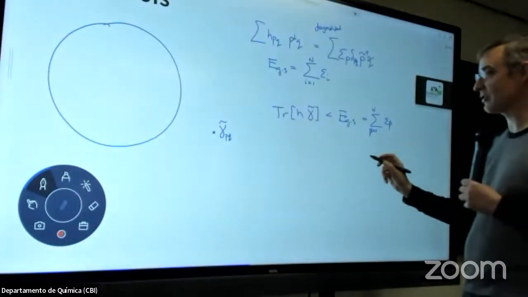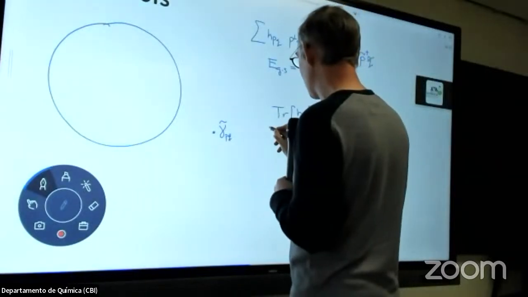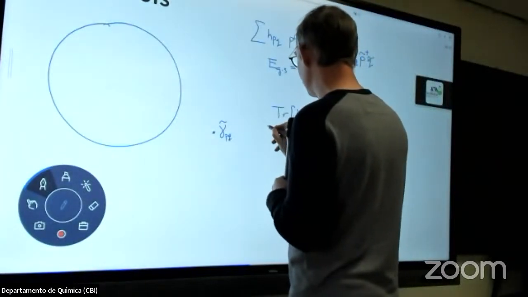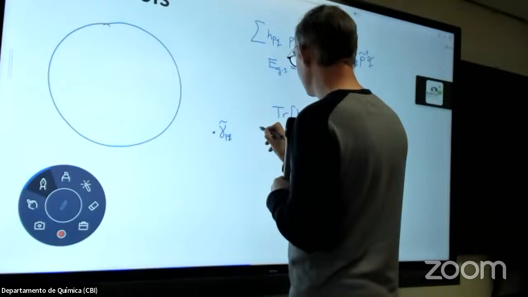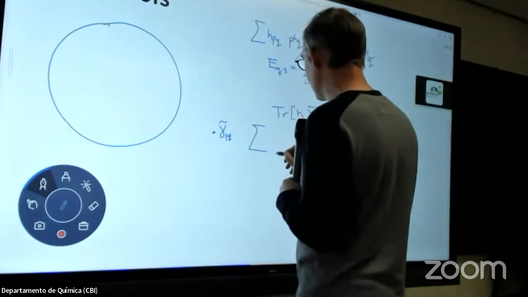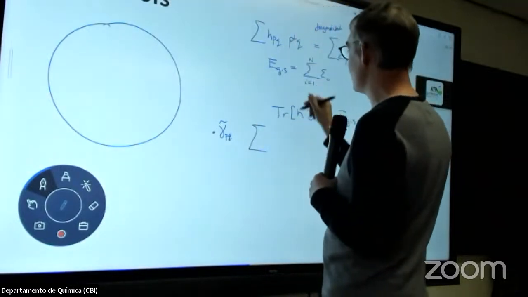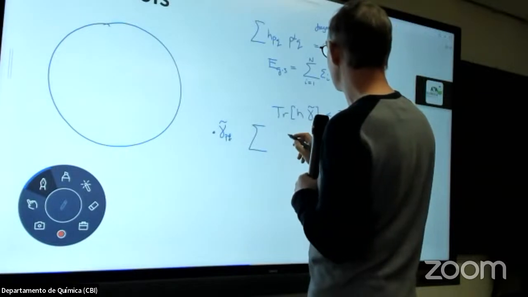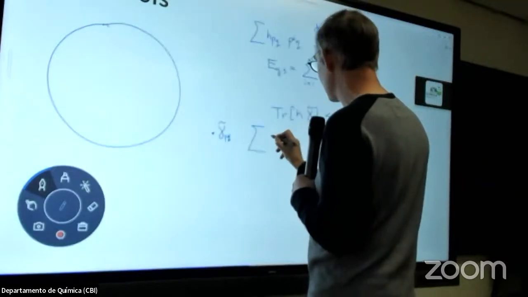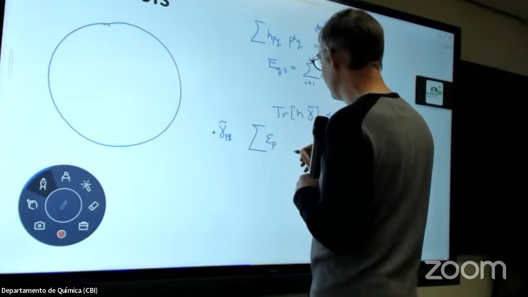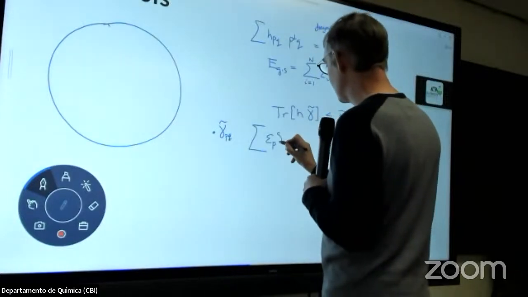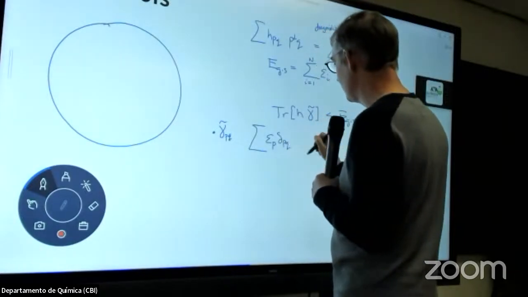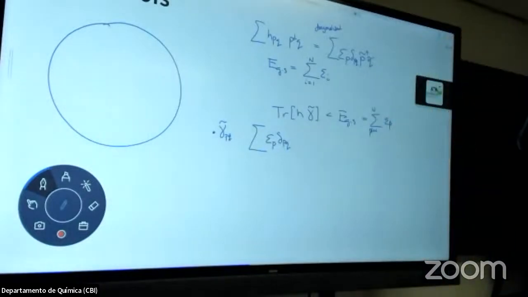So now I'm going to just substitute. What does this expression look like? Well, the trace of this, I'm going to choose this sort of form. I'm going to just say this is diagonal. So it's going to be epsilon P delta PQ. This is my density matrix here.